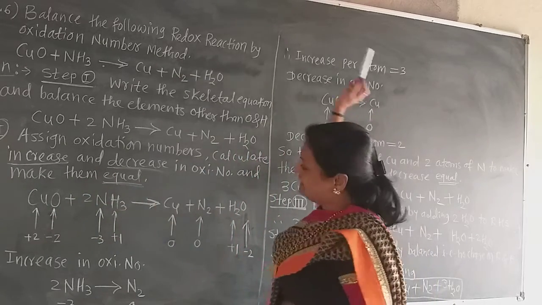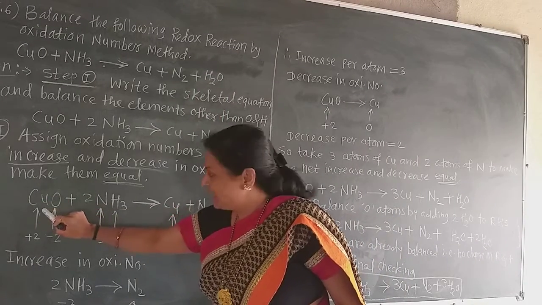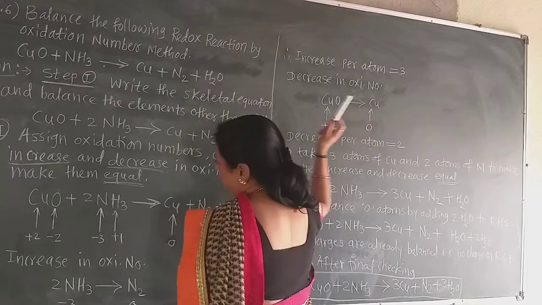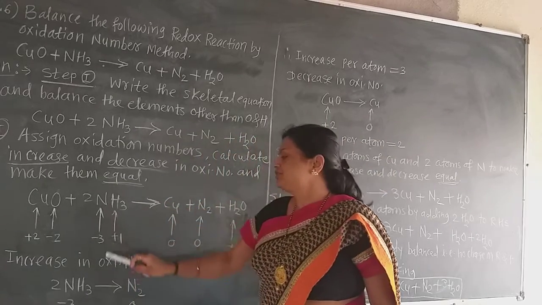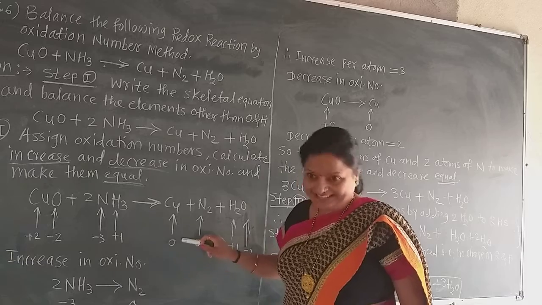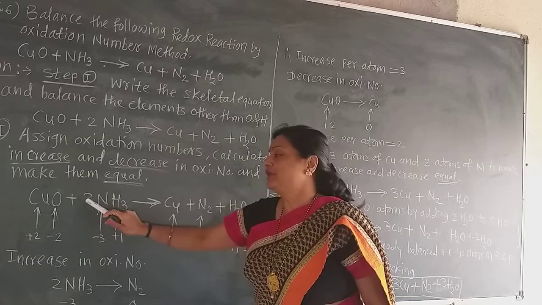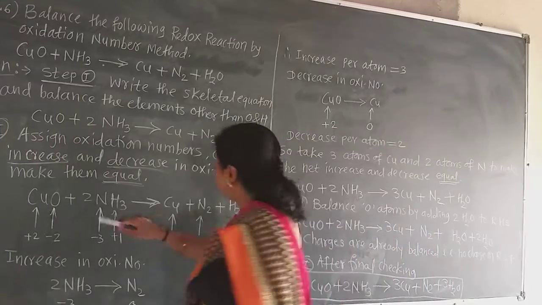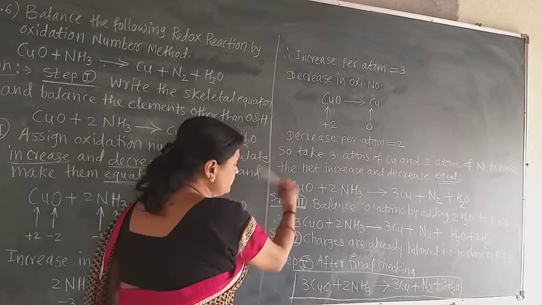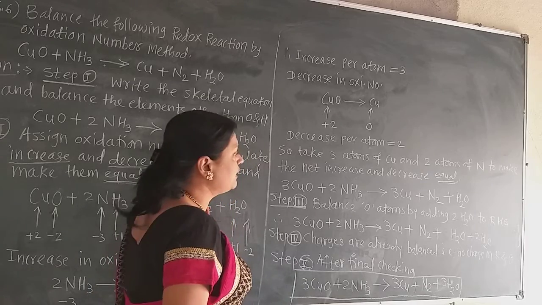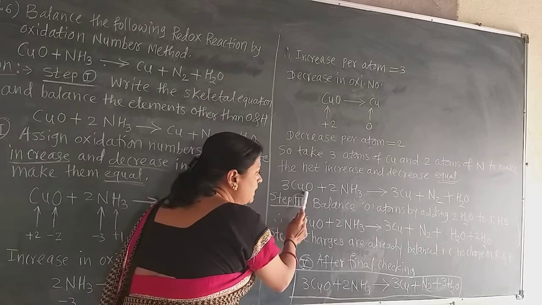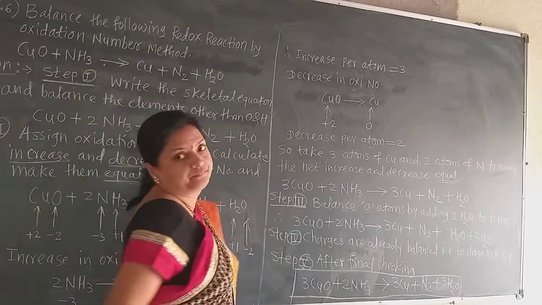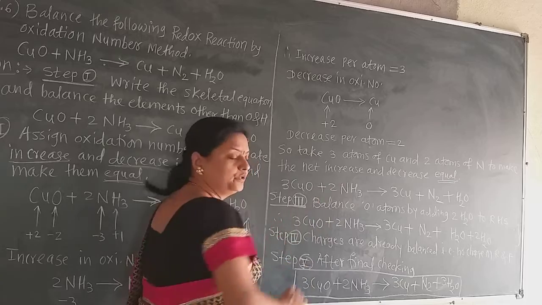So multiply the 3 by this copper, and multiply 2, that is the decrease, to the element in which the oxidation number gets increased. So multiply the nitrogen by 2. But here nitrogen is already multiplied by 2. So in the third step, what do we have to do? We have to multiply the coefficient of 3 to this copper, and 2 is already there.